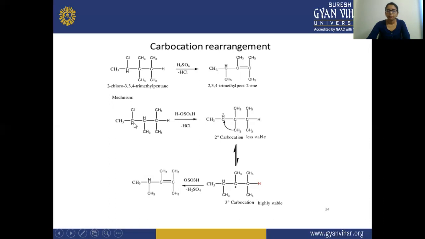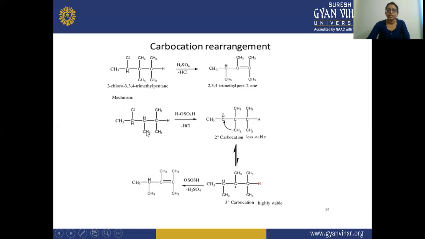and here it will get the positive charge, and this is your secondary carbocation, because here CH3 and CH3 are attached, but this is your tertiary carbocation, which is having here CH, and here C. Tertiary carbocations are more stable than secondary carbocations. So here an alkyl shift will occur.